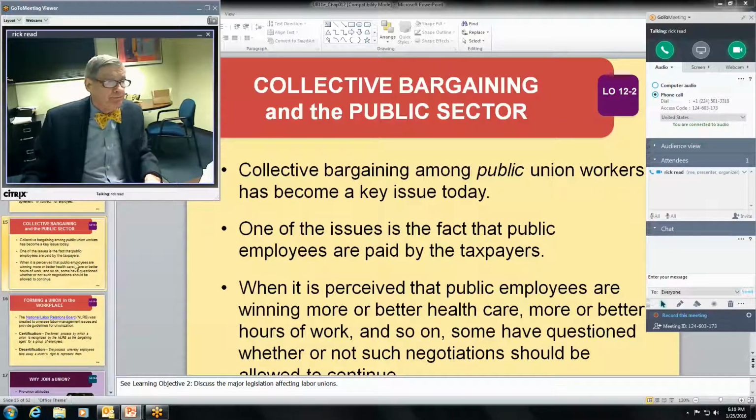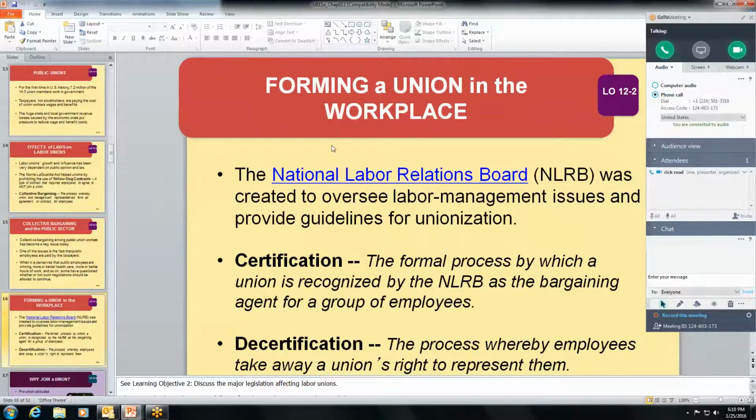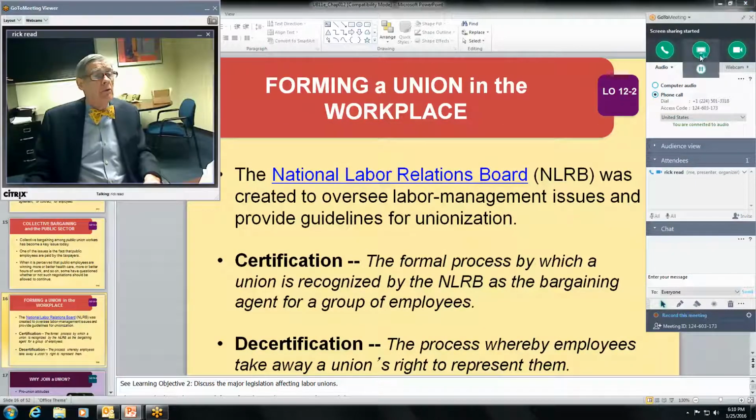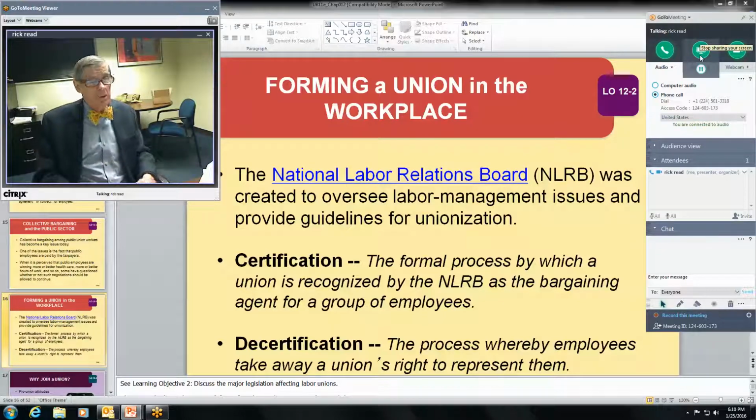Now, collective bargaining, whether it's done for public employee unions or for private employee unions, the National Labor Relations Board is part of that. They will come in and oversee any issues. They will take care of certification and or decertification. Certification means that X number of people have voted to have an election as to whether or not they want to be represented by a union.